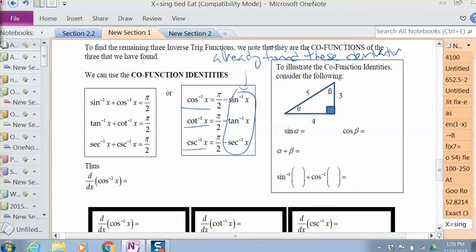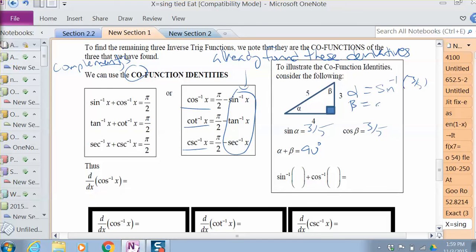And by the way, when you talk about cofunctions, in some ways, they're complements of each other. Like sine alpha, I know is 3/5 here. Cosine beta, well, is also 3/5. Alpha plus beta, of course, is 90 degrees. So alpha is the inverse sine of 3/5.